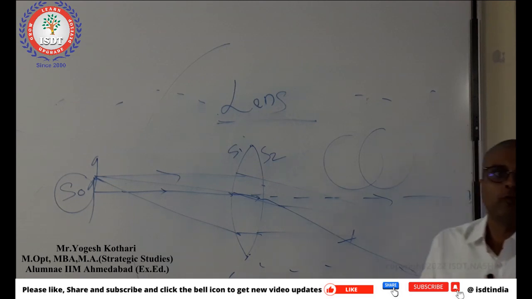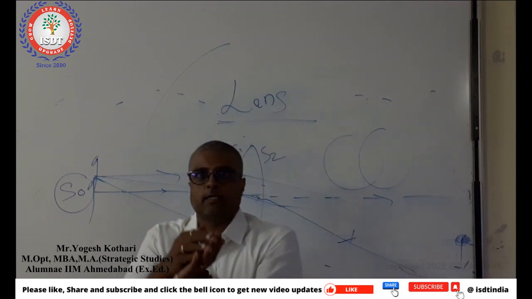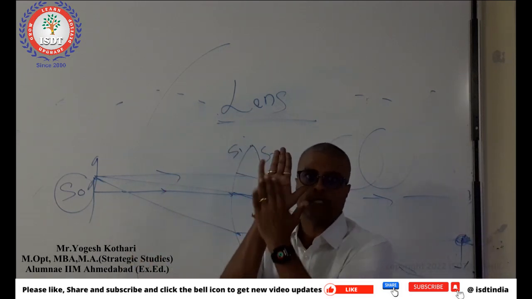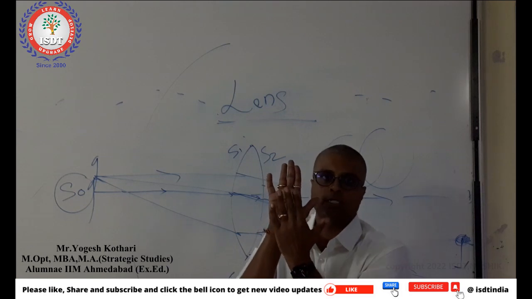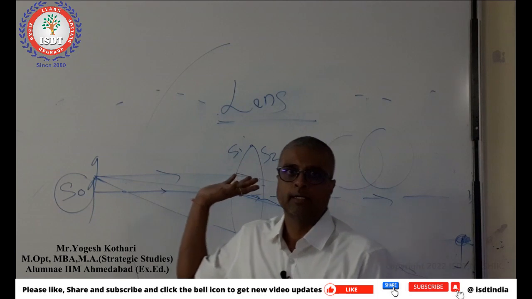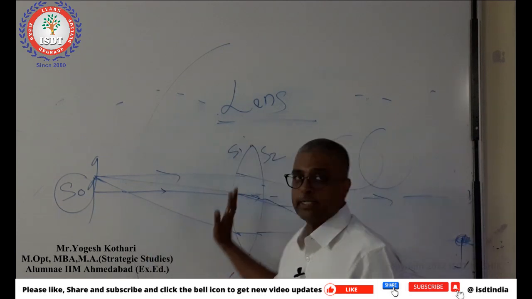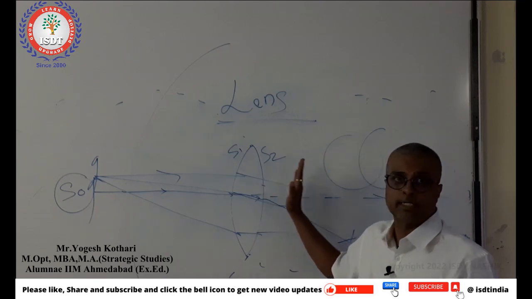What exactly are you doing? You are capturing that light into the lens, and that lens is focusing that light onto the screen or the film or the sensor, and an image has been created at a finite distance, so you can get that particular image. So this is how the lens works. This is what the lens is.